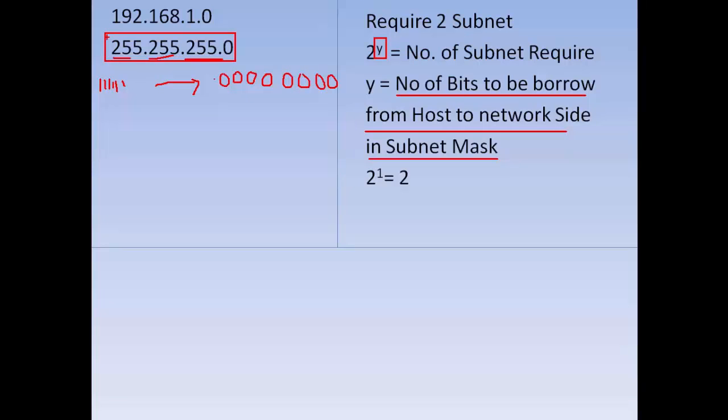These all are the network portion, so I cannot make any change in this area. I have to play on host bits only when we are doing the subnetting part.